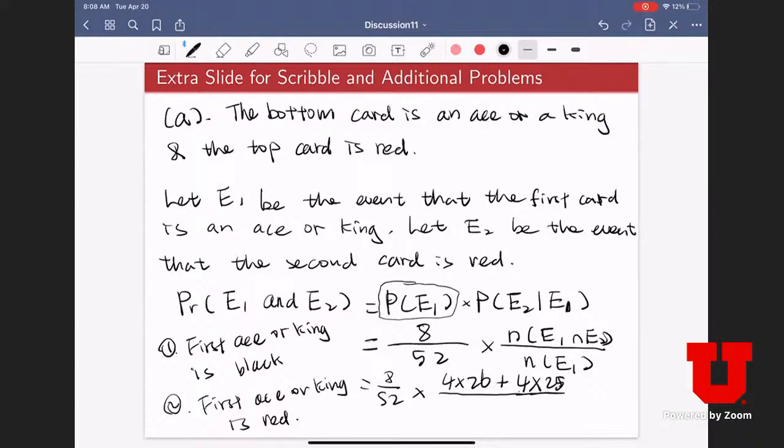And then on the denominator, now it's what we have for the bottom card is an ace or king, and then the next card is red.